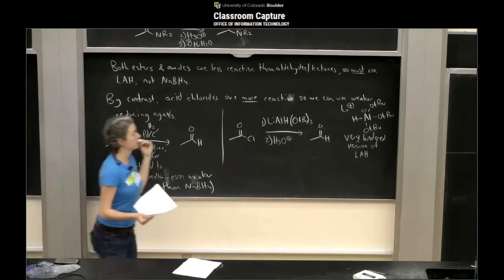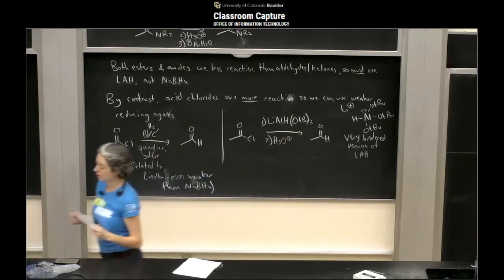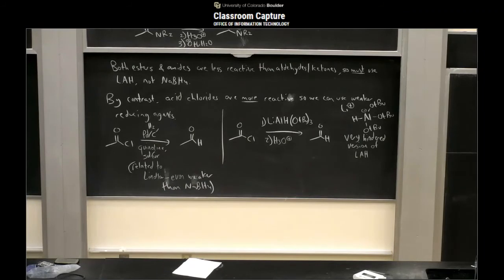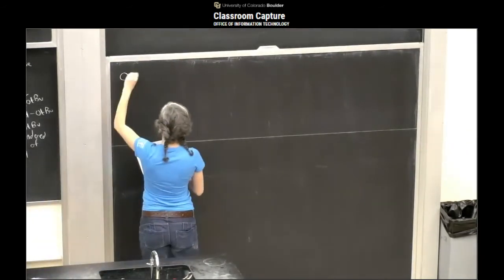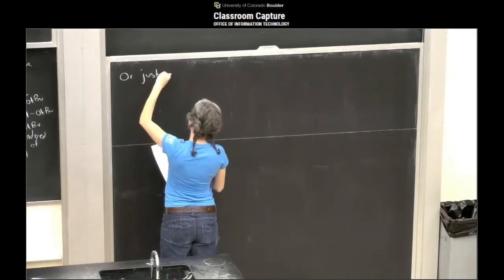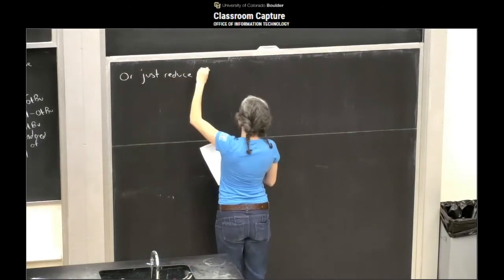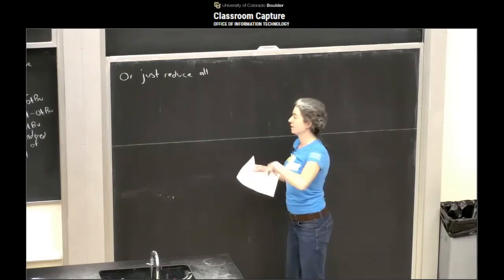Or the other option is, move the camera here. Or you could just reduce it all the way and then oxidize it back up a bit.